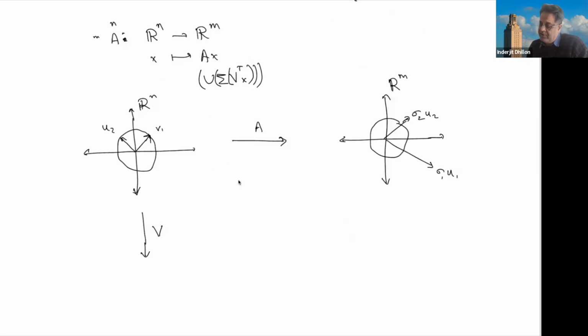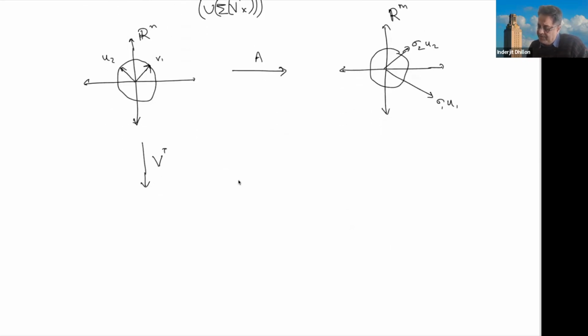So I can write this as that first, there's an action of V transpose. And what does that give us? Where is V1 mapped onto? Let me maybe use a different color.